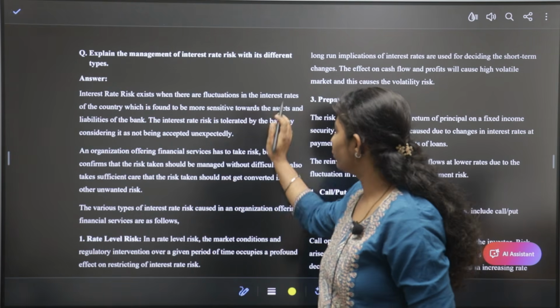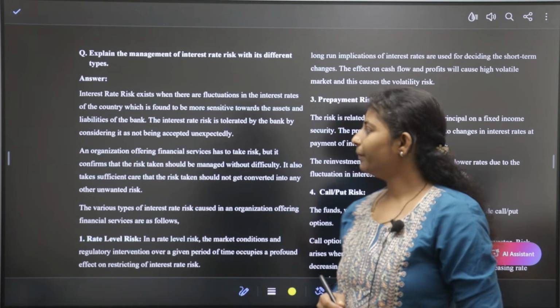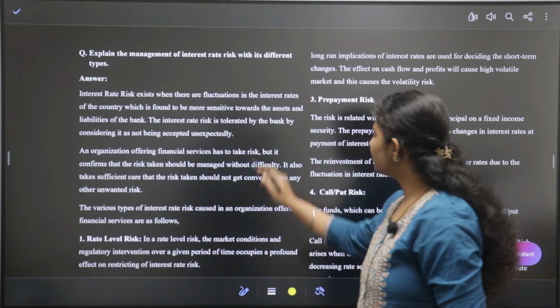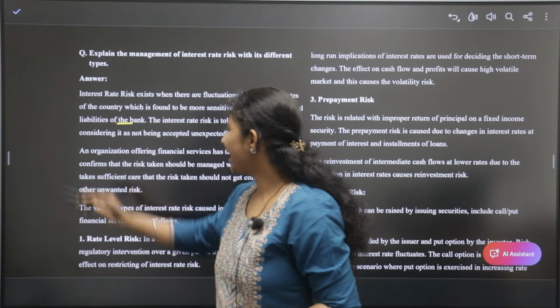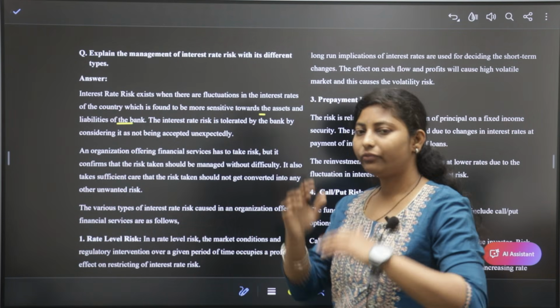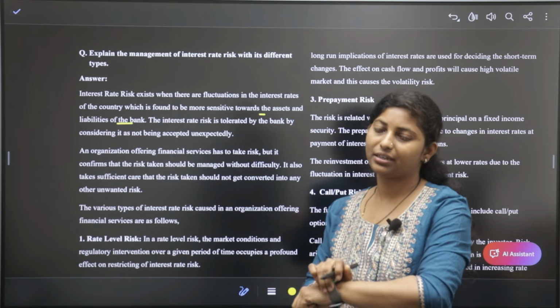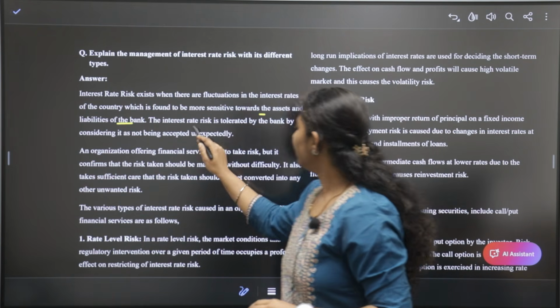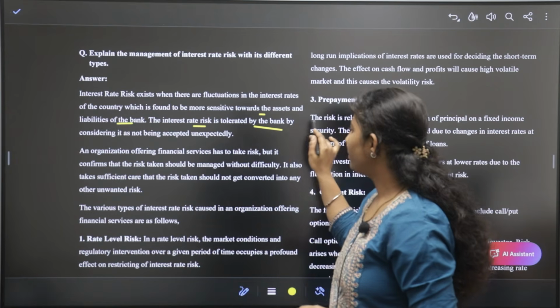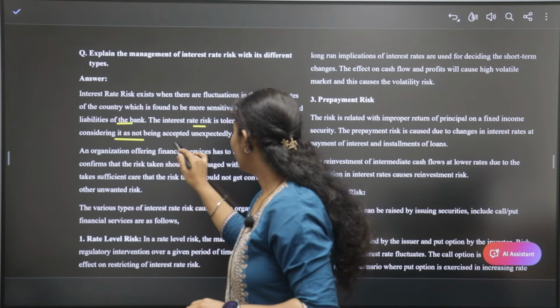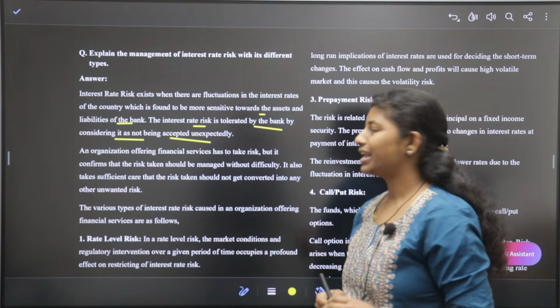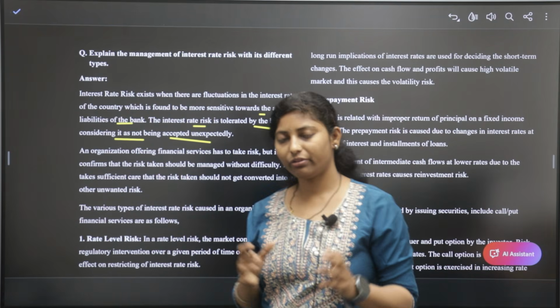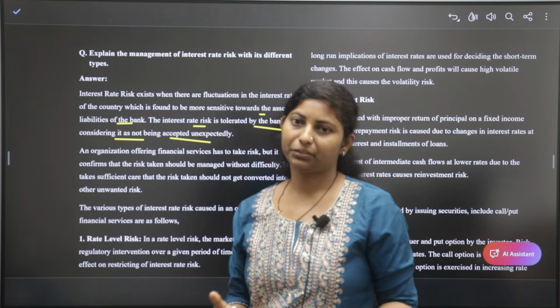We already know that fluctuation in the interest rates of countries makes the assets and liabilities of the bank more sensitive. Fluctuation of interest rates in assets and liabilities will be very difficult for the banks. So interest rate risk is tolerated by the bank, considering that it cannot be accepted unexpectedly.